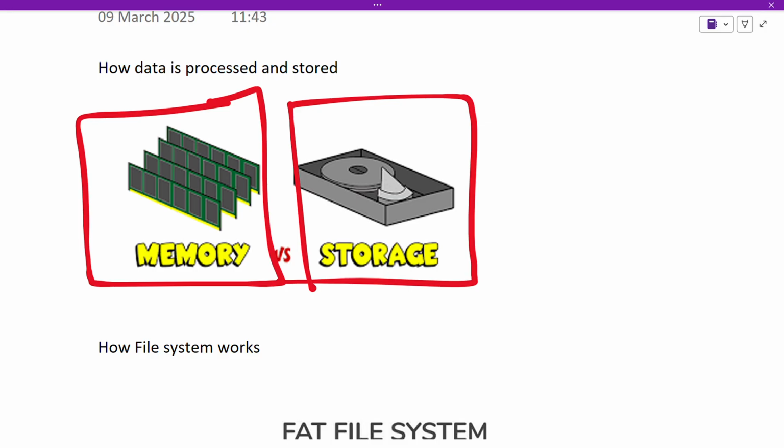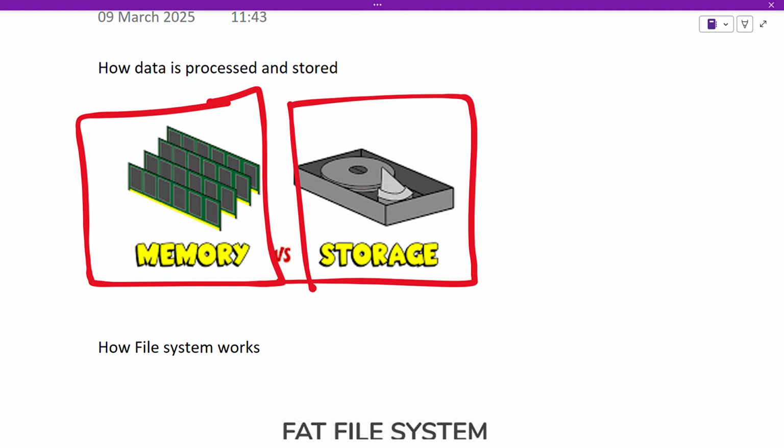But what actually stands out is the storage, because whatever processing we have done will only exist for a certain amount of time. But if we want those changes to be persistent, we need to save that updated information. We need to save the processed information into a place. That's what we call storage, right? So a hard disk.